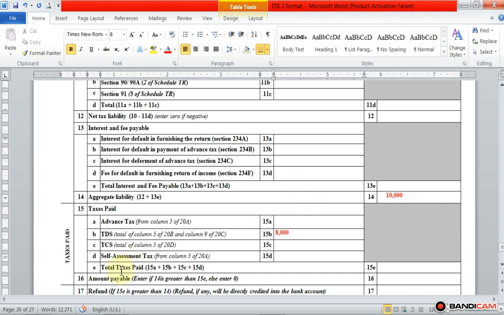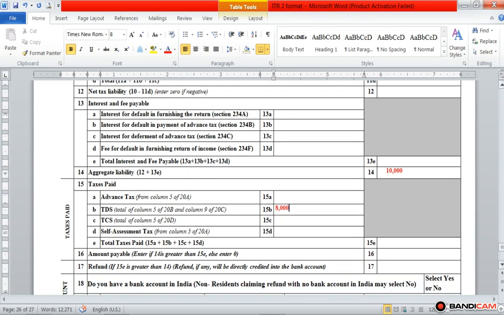So here in the amount column, that is column number 16, the assessee has to pay a tax amounting to rupees 2,000.